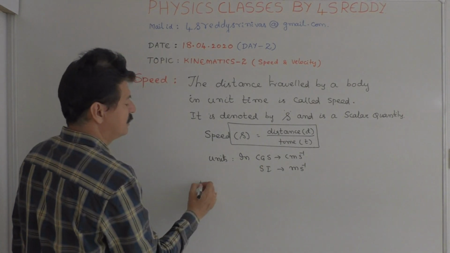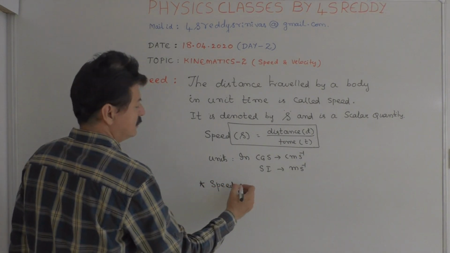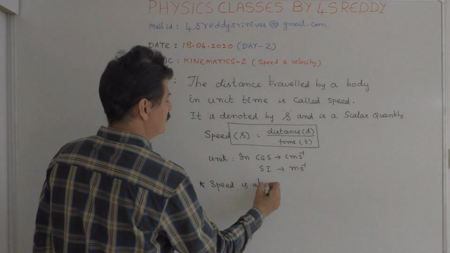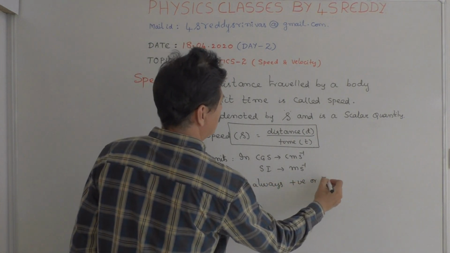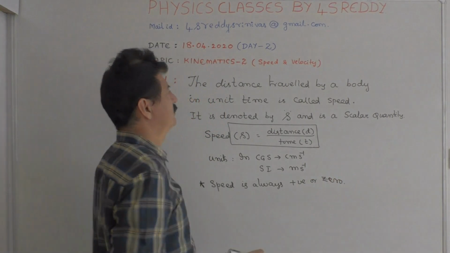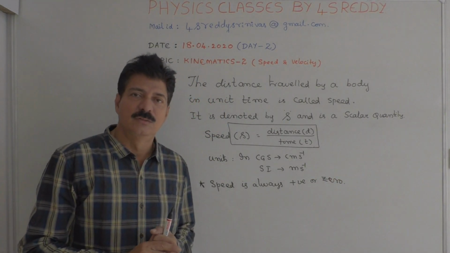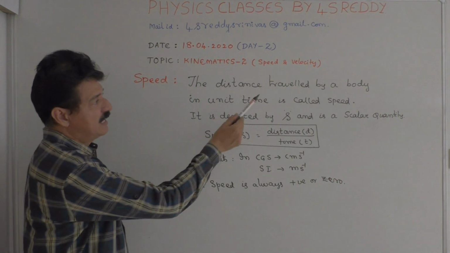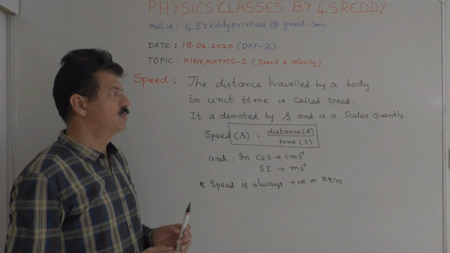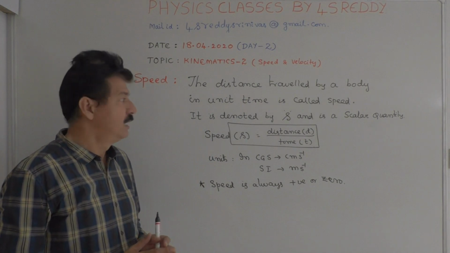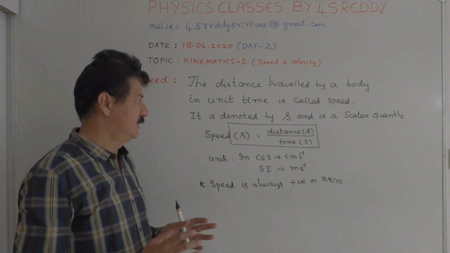Here, speed is always positive or 0. This is the first term that we have learned. Speed means the distance traveled by a body in unit time, and it is denoted by s and is a scalar quantity.